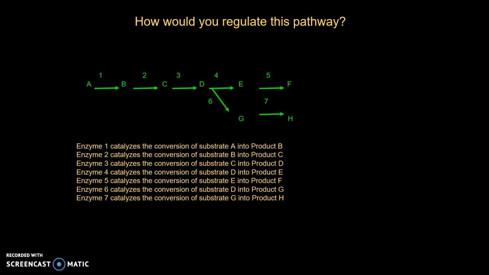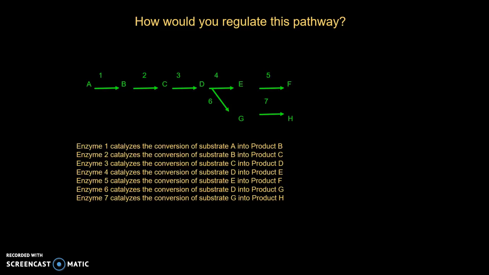A goes to either F or H. I want plenty of F, plenty of H, and no toxic buildup of E, G, D, B, or C. So stop the video and try to do this.